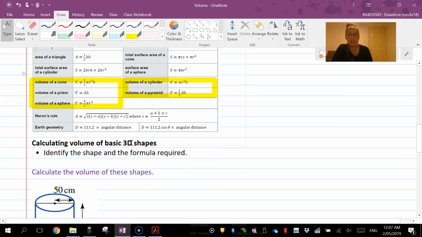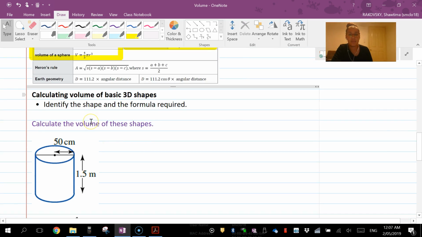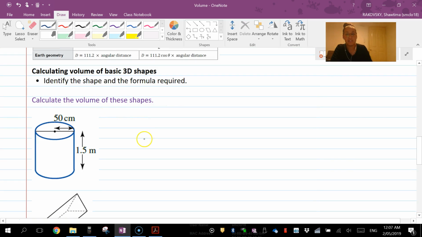So calculating the volume, start by finding the basic formula. Here we have volume equals, because it's a prism, it's essentially A times H. But in this case, because it's a circle, we can use pi r squared times H. Substituting in, our r is 50 squared.